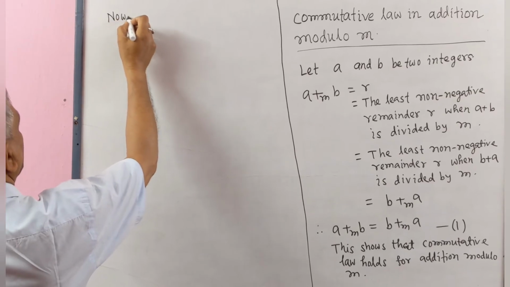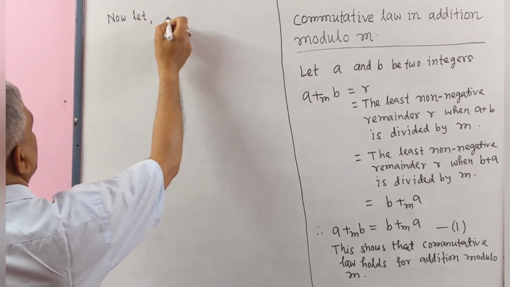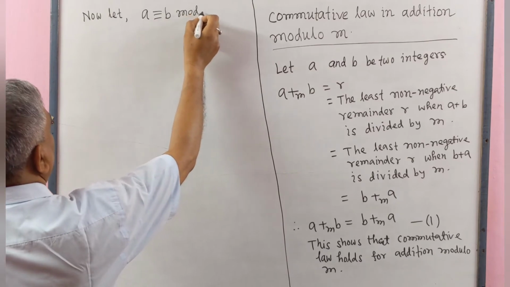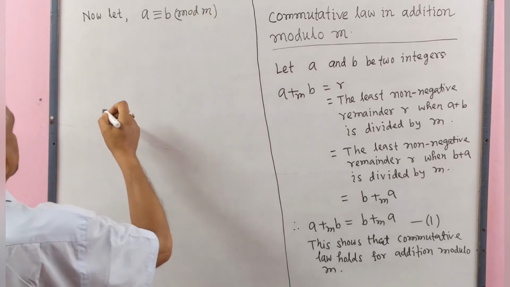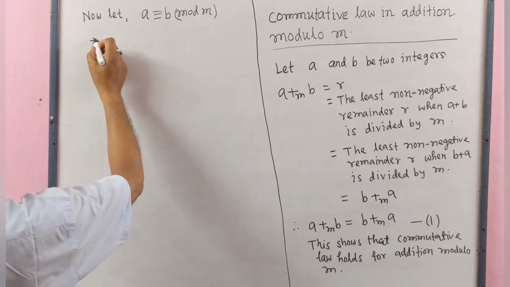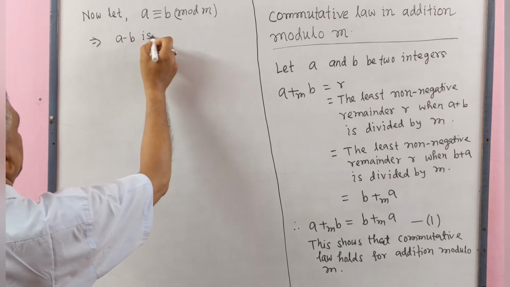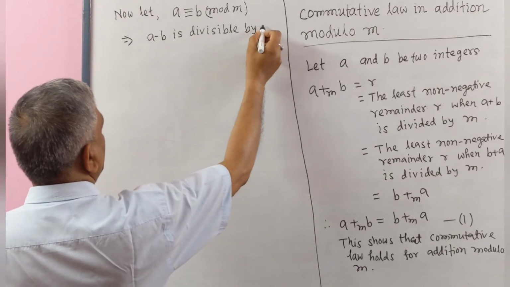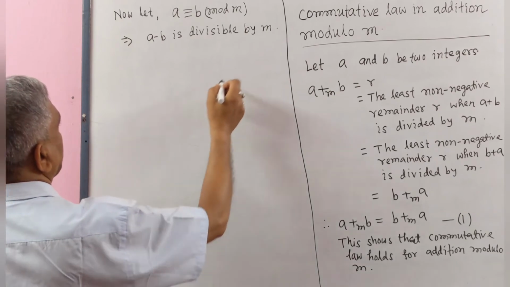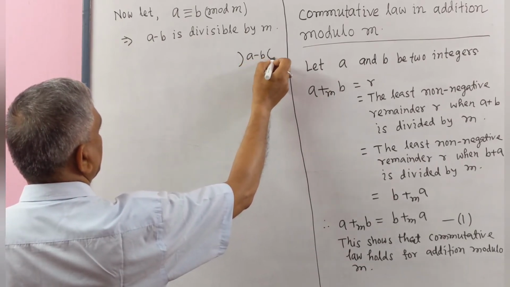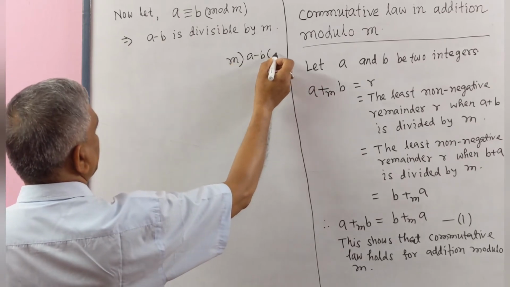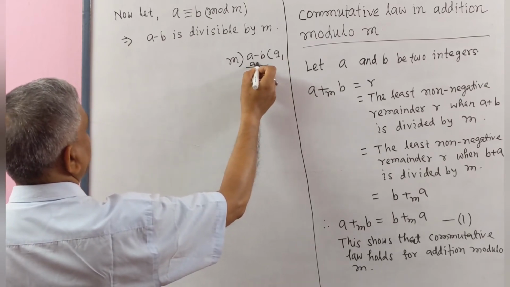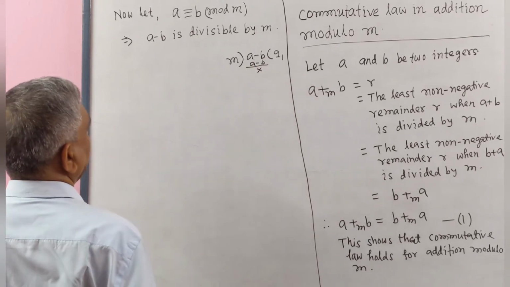Now let A be congruent to B modulo M. This means A minus B is divisible by M. Here A minus B, if we divide this by M, we get quotient Q1 and remainder equal to 0.